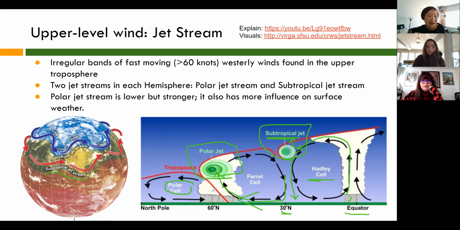But this polar jet has more impact on the ground at 60° north and south. Because number one, it's very close to our ground. Number two, when it's rising, it gives us a lot of rain and snow. And don't think 60 degrees is far away from us.